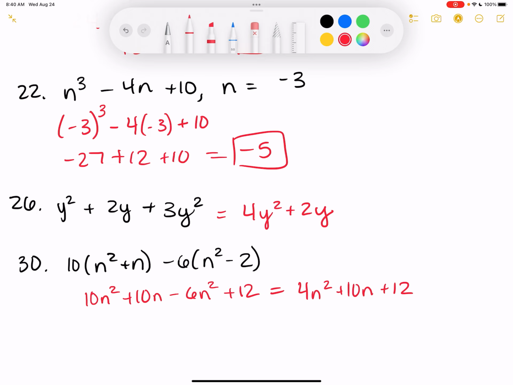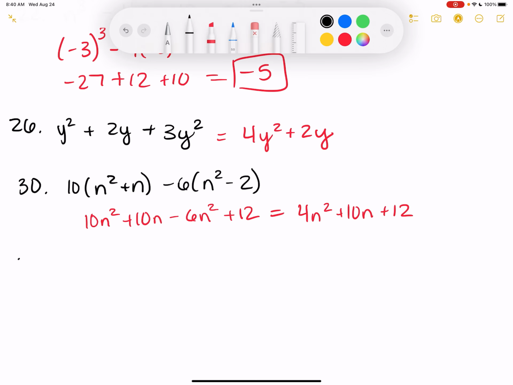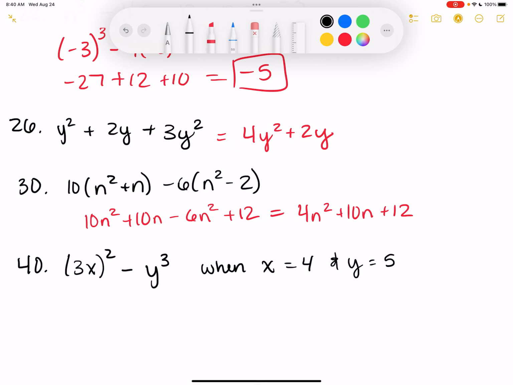Alright, so in the previous problems, we had one variable and it told you to replace it with a number. The next one is the same thing except you're going to replace two variables, so it's going to give you an x and a y. So 40, we have (3x), and that whole thing is squared, minus y cubed, when x equals 4 and y equals 5.